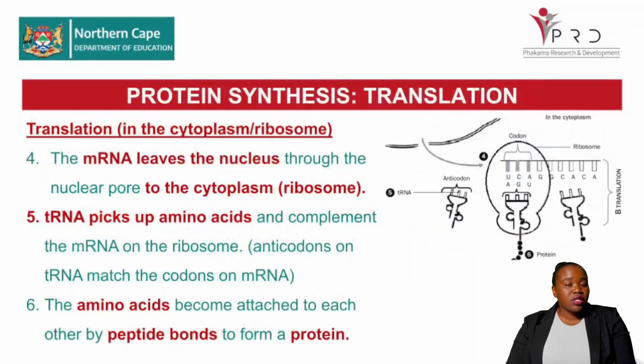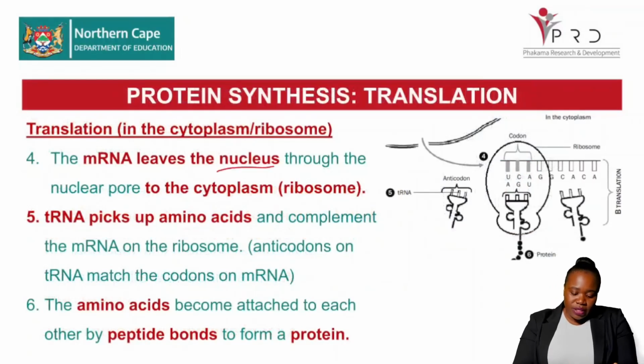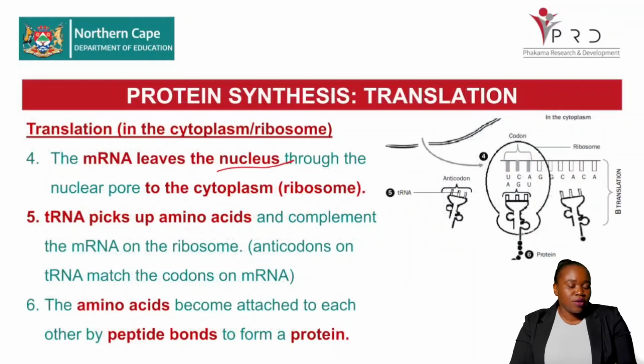Okay, and then during translation, which takes place in the cytoplasm, the mRNA would have then left the nucleus through the nucleopore into the cytoplasm, and the tRNA will pick up amino acids and complement the mRNA on the ribosome. So this tRNA here will bring in the relevant amino acids based on the codons on the mRNA that was formed in the nucleus.